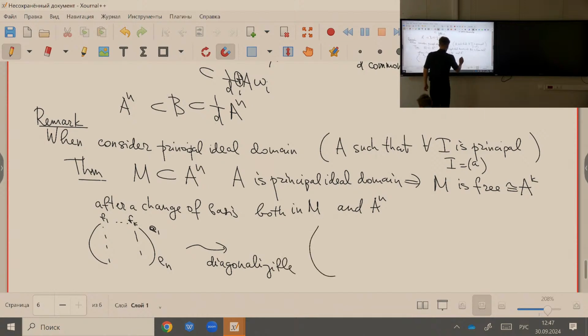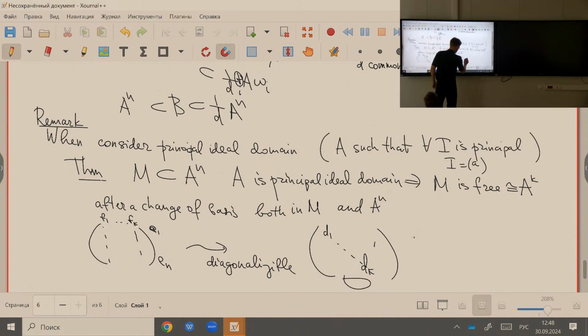It looks like the matrix with d1 to dk, with some divisors. So there is a block of zeros and a block of divisors, and these divisors divide each other.